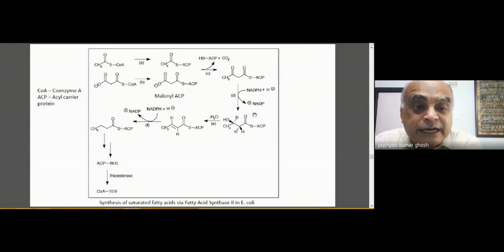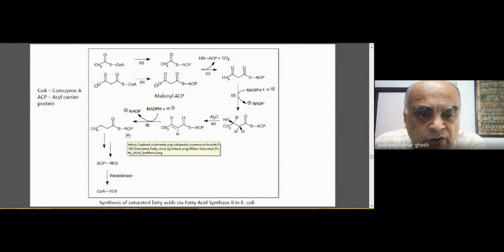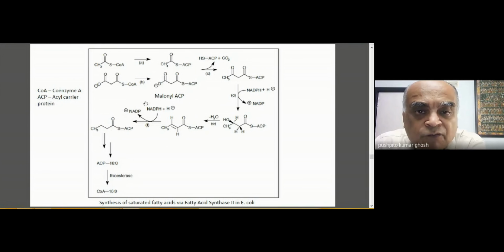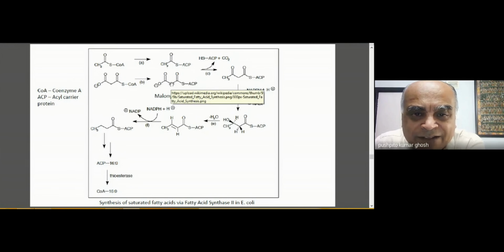Now, next time, this will not go and react with this. This will go. So now instead of forming this, I'll have CH3, CH2, CH2, COS, ACP. That's the only difference. Again, it will decarboxylate this and go and attach here.